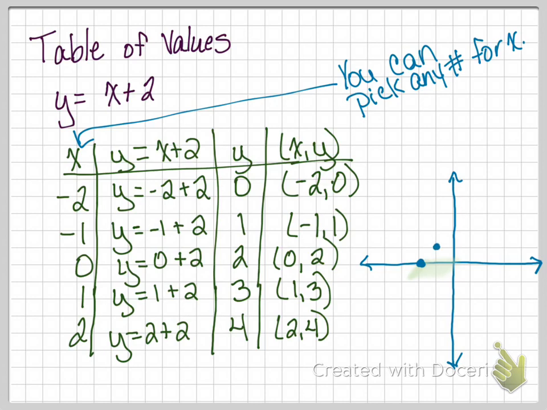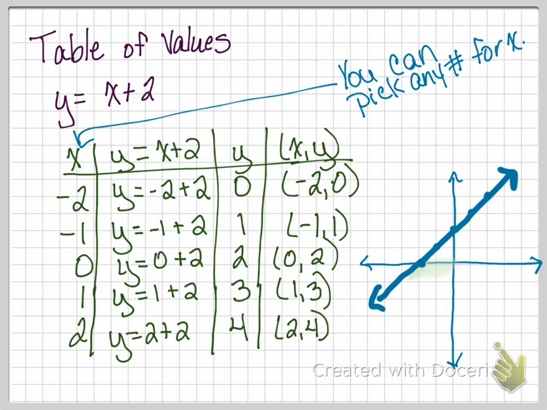My next one is 0, 2. Then I have 1, 3, and 2, 4. And that is my line. And so you are graphing this line using a table of values.